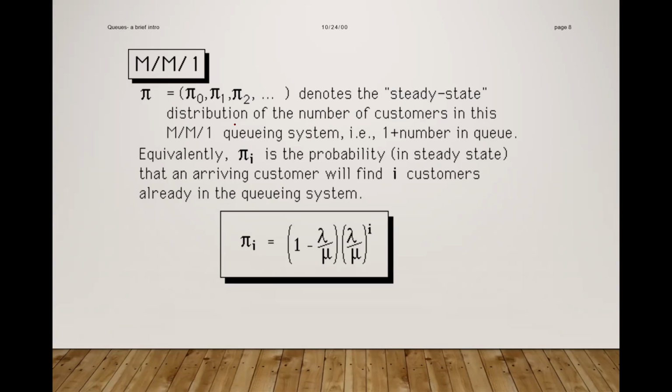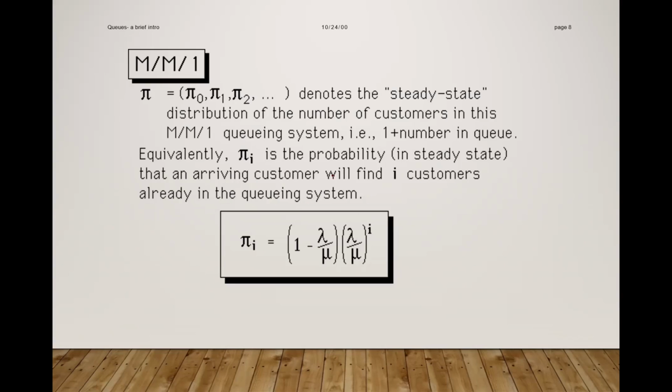The number of customers in the system is 1 plus the number in the queue. So when it is 0, meaning no one in the queue and no one being served. When it is 1, usually it means no one in the queue but someone is being served. When it is 2, meaning there is one person in the queue and one currently being served. Equivalently, pi i is the probability that every customer will find i customers already in the queuing system.